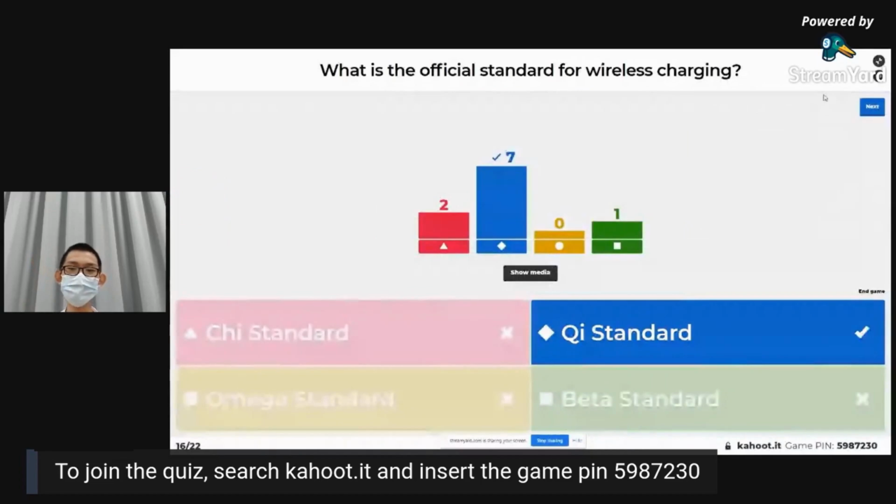And the answer is Qi standard, spelled with QI. It's unfortunately not spelled CHI, and it's definitely not Omega or Beta standard, sorry.